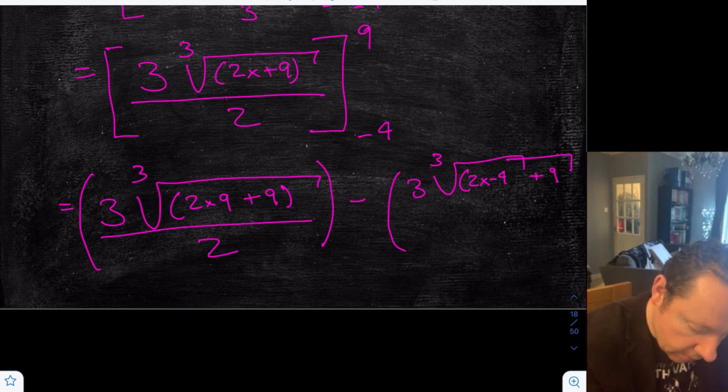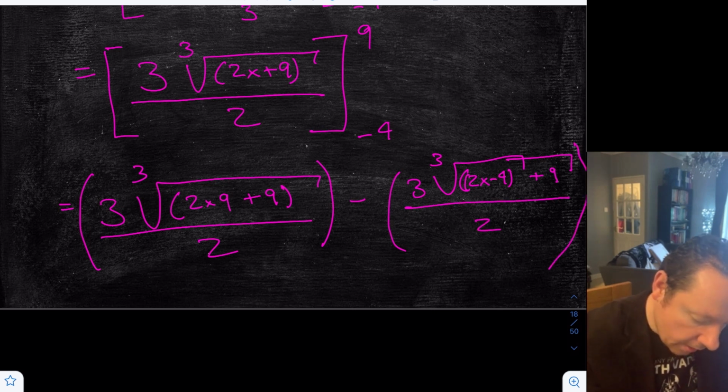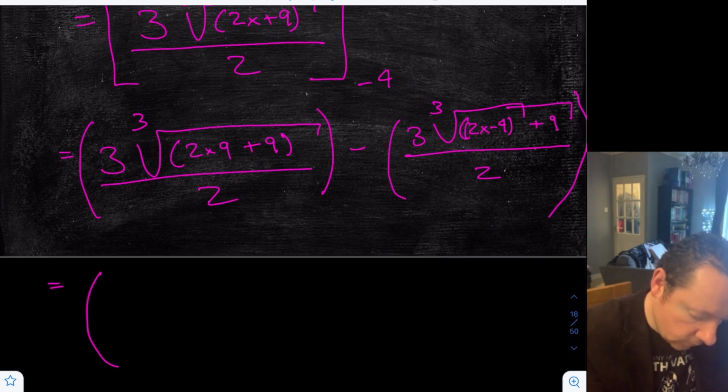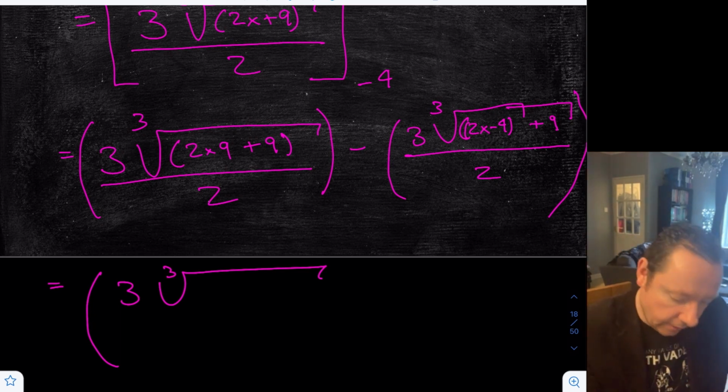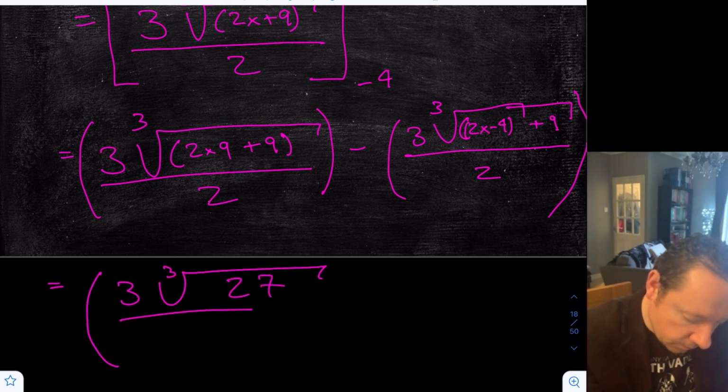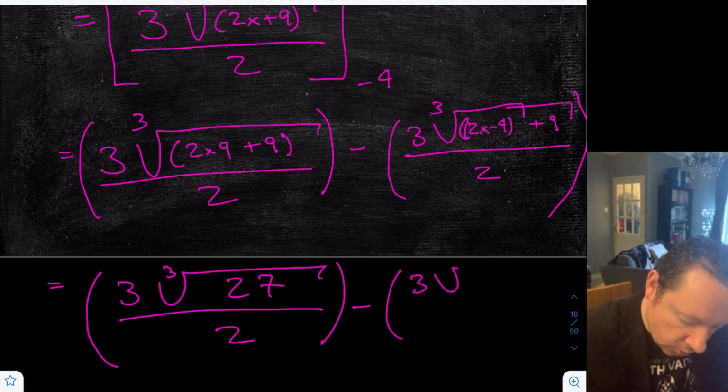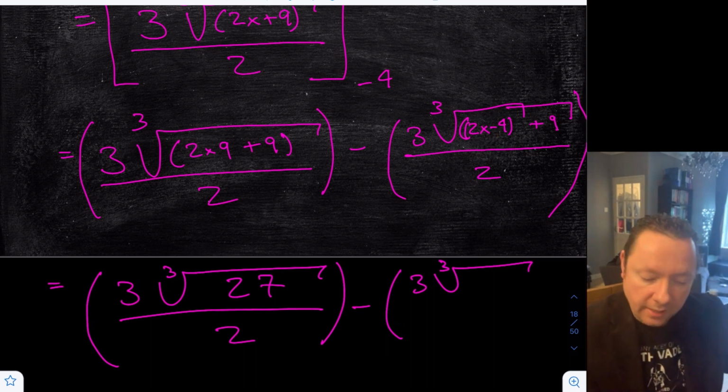I'll just make that clear that that's separate, all over 2. And now we can work some of that out. So that's 3 times the cube root of 2 9s is 18, 18 and 9 is 27 over 2, minus 3 times the cube root of 2 times -4 is -8, and 9 is 1.